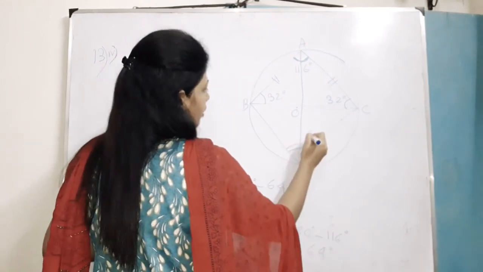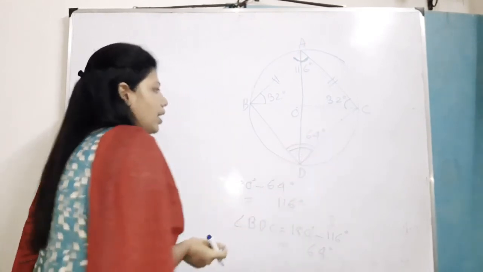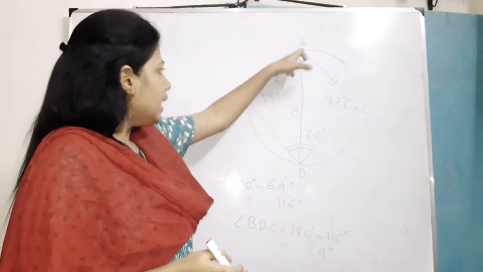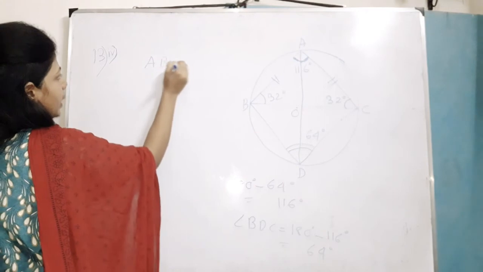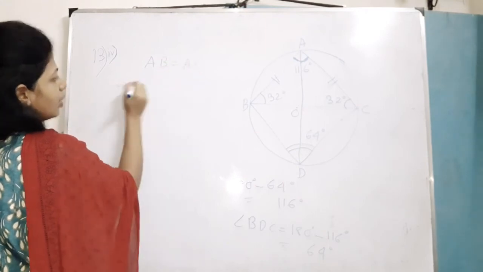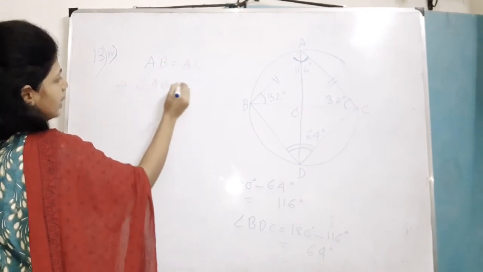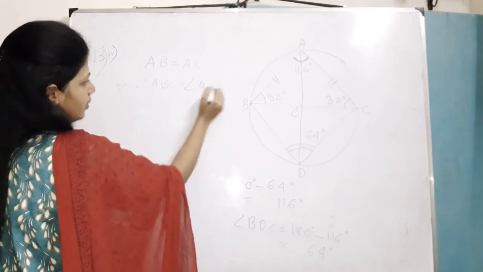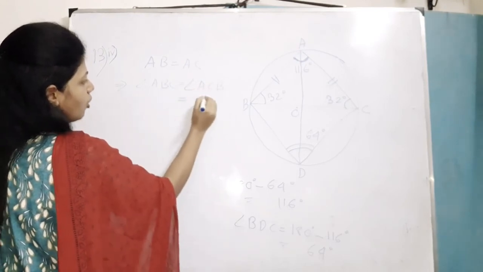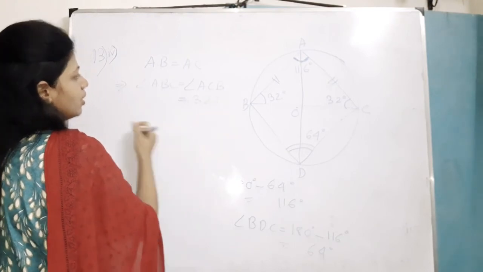So this angle will be 64 degree. I will repeat once more. Since AB equals to AC, we can write angle ABC equals to angle ACB. Okay, and this one is also 32 degree.